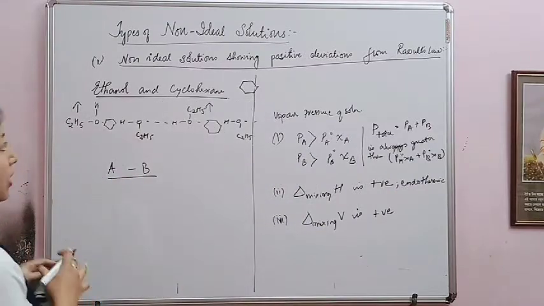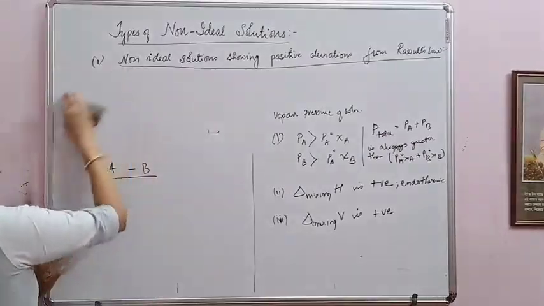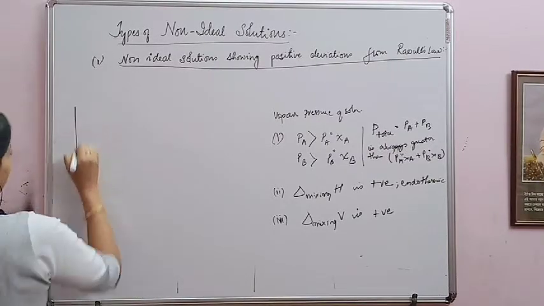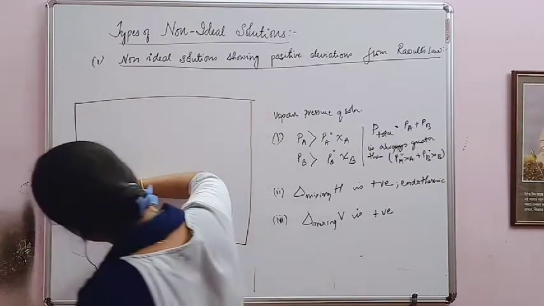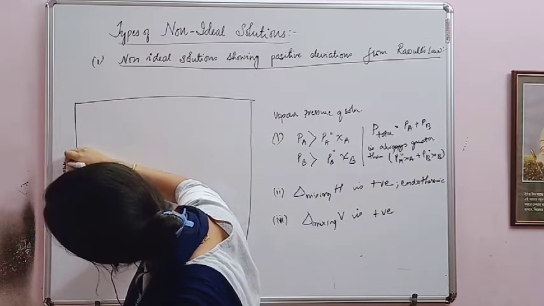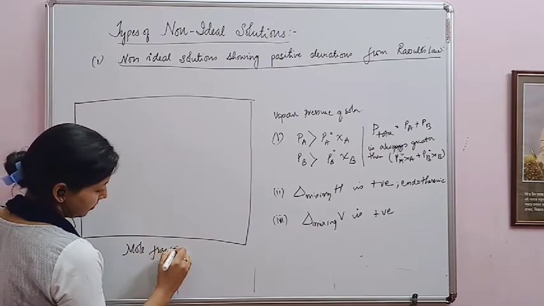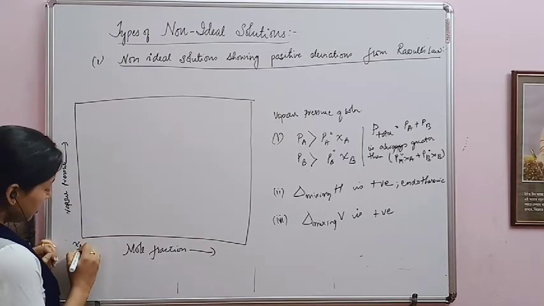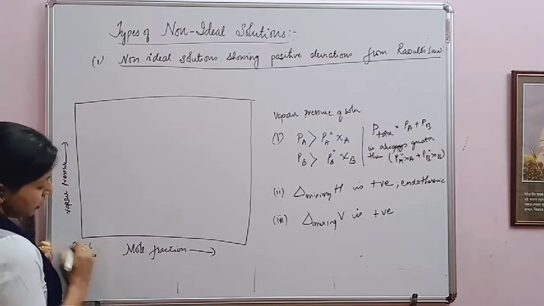So let us elaborate this with a graphical representation that we had done yesterday for ideal solution. Alright. So yesterday we have chosen vapor pressure along this axis and mole fraction along this axis. Okay, so here chi A, that is mole fraction of component A, was 1 and mole fraction of component B was 0.